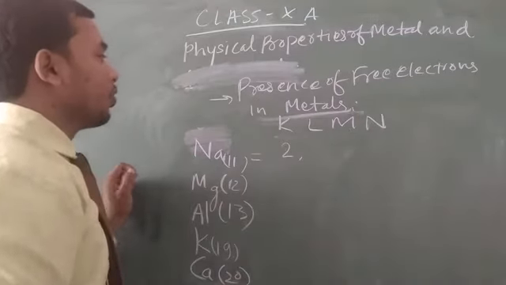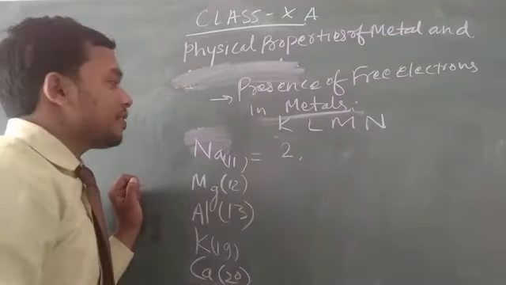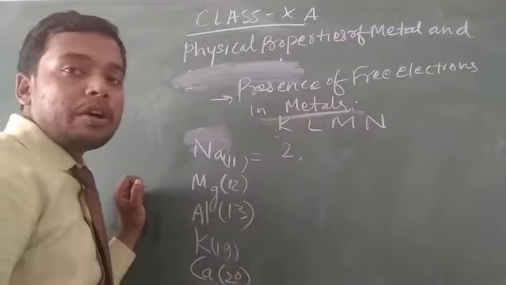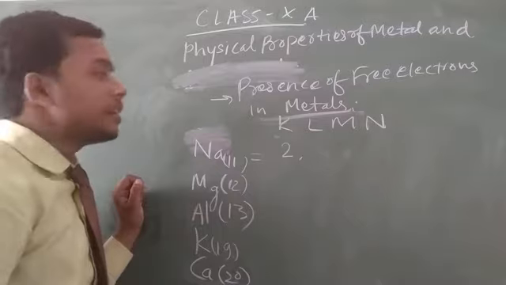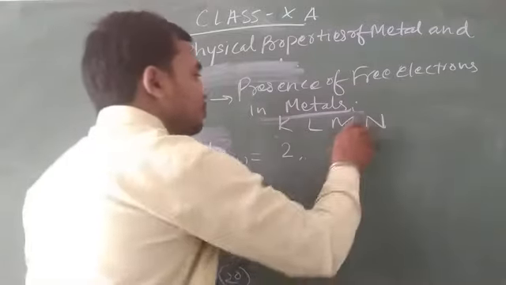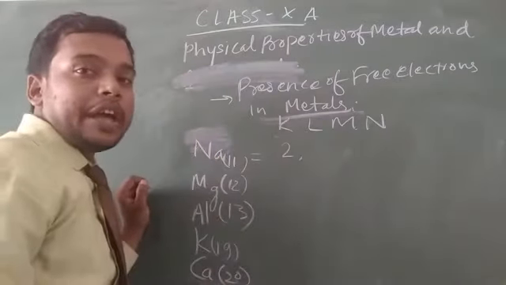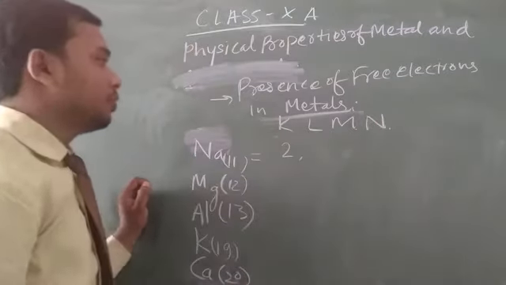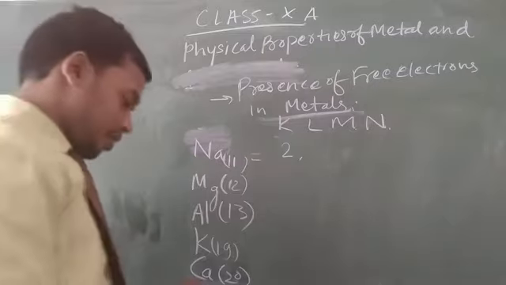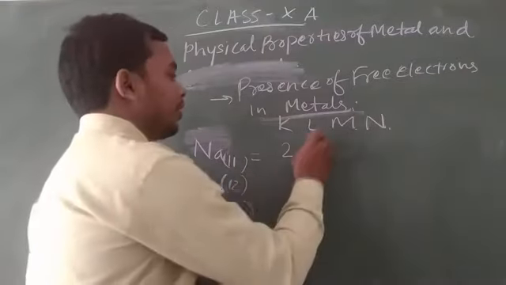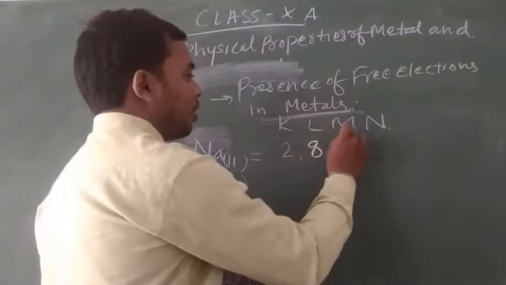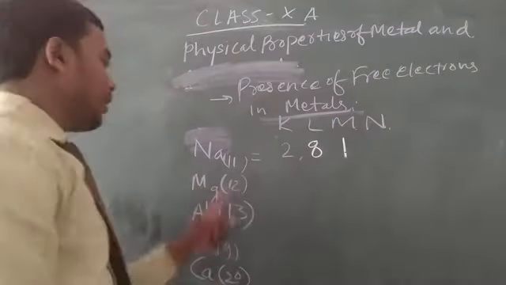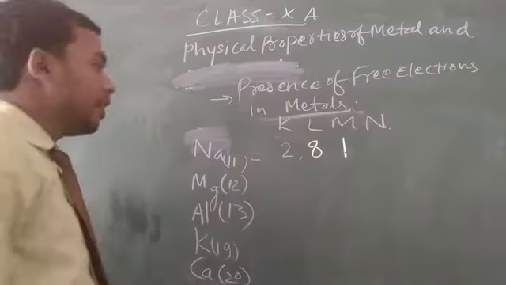The K shell capacity is 2, the L shell maximum capacity is 8, the M shell capacity is 18, and the N shell is 32. So in this way we can fill 11 as 2, 8 and 1. 2 plus 8 is 10, plus 1 is 11.